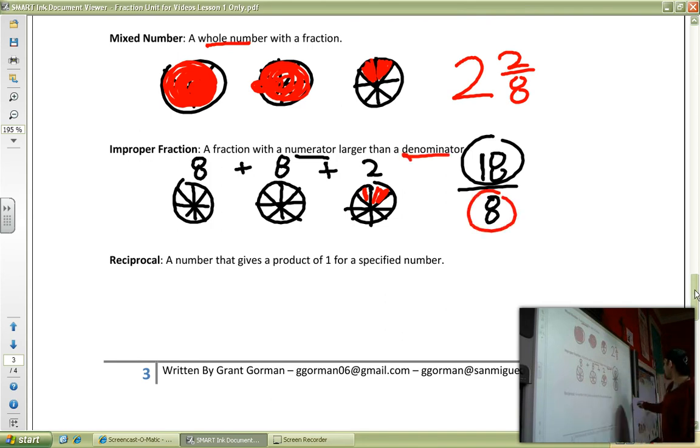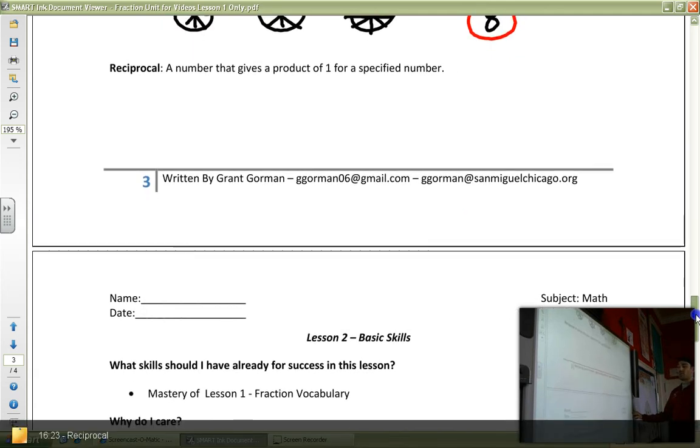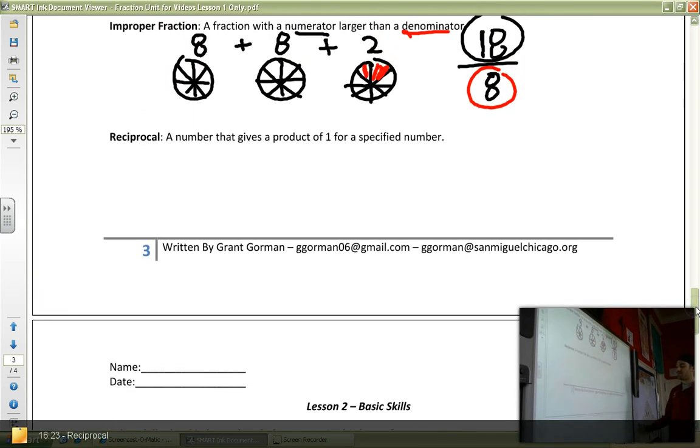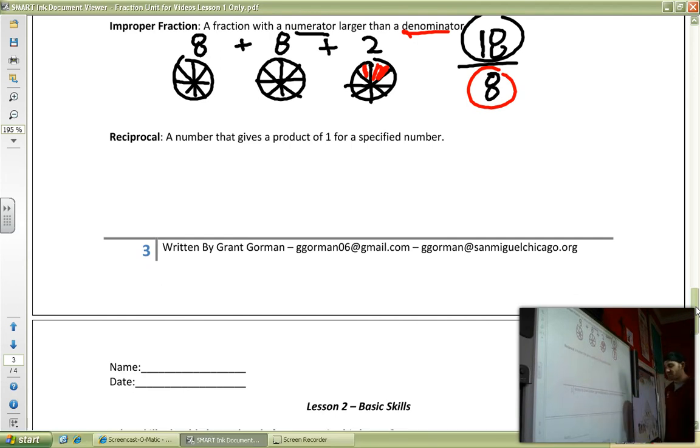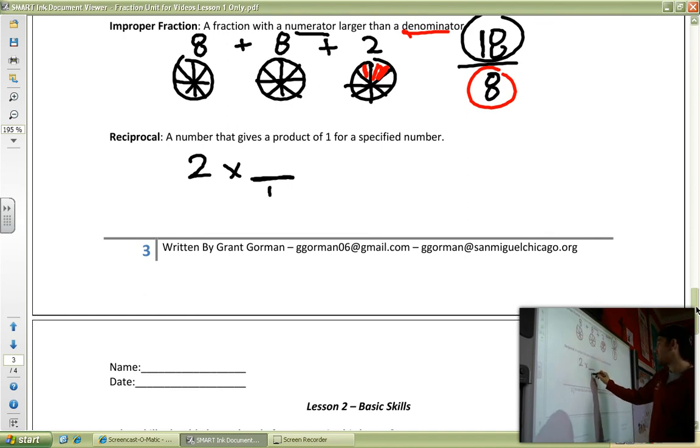Okay. Finally, last term. Here we go. Reciprocal. A number that gives a product of 1 for a specified number. Okay, my specified number, I'm going to have a specified number of 2. 2 times what number? This is going to be your reciprocal right there. Right there equals 1.